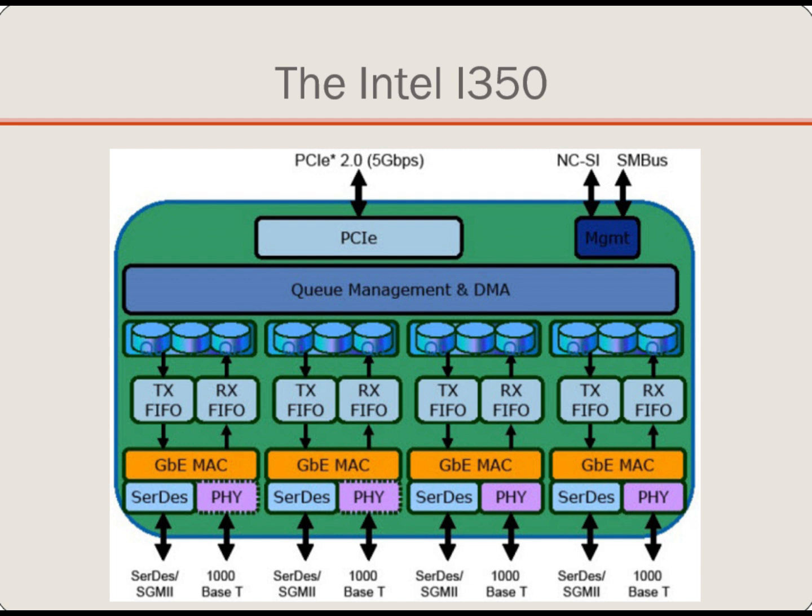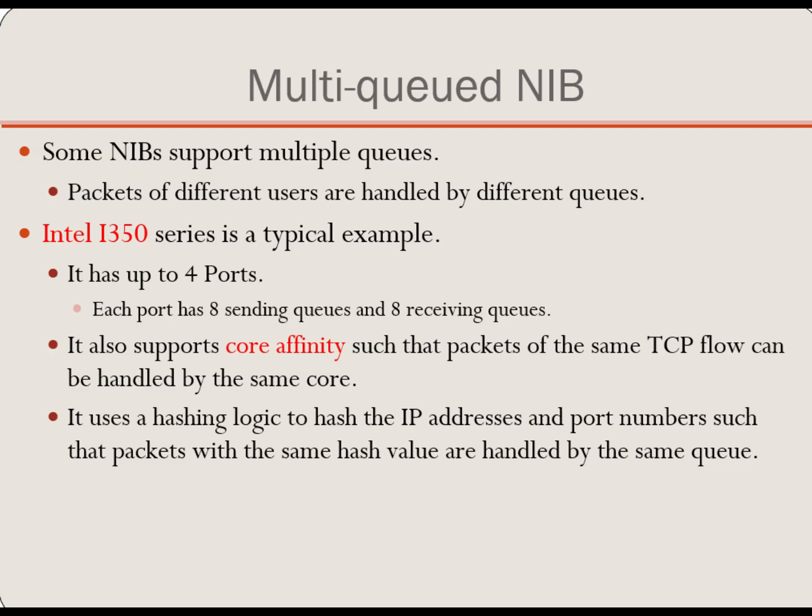One example is this one, the Intel i350. You have a lot of input buffer and output buffer together. The base is like this affinity, so sometimes we call it core affinity.